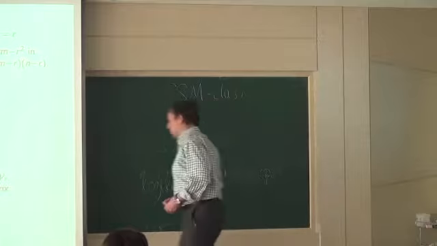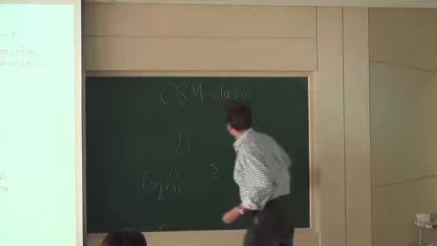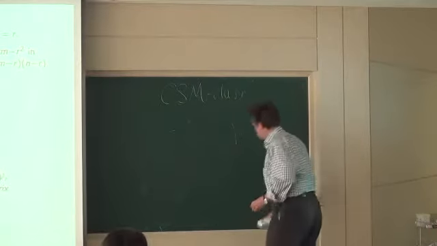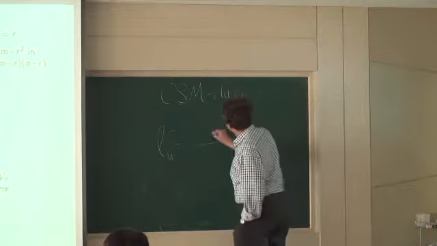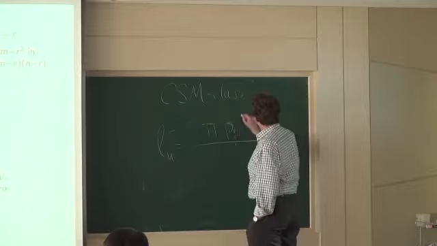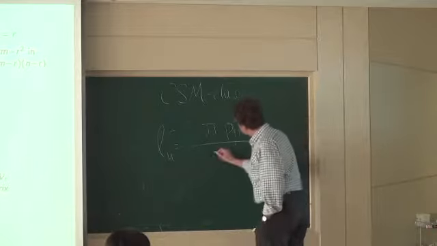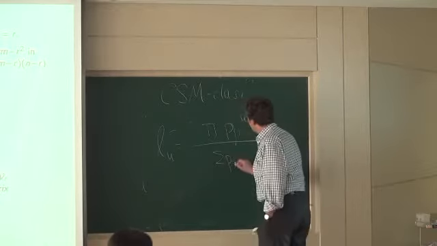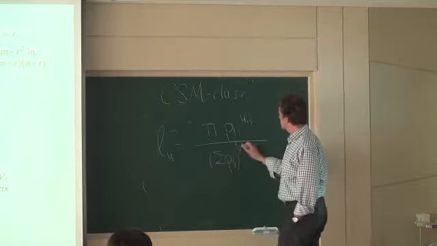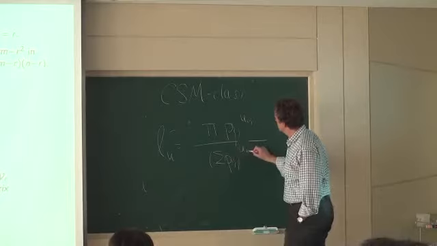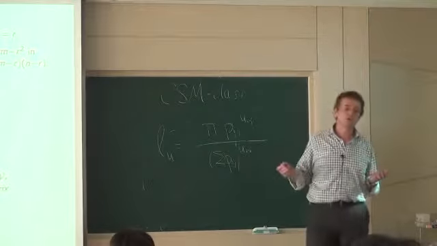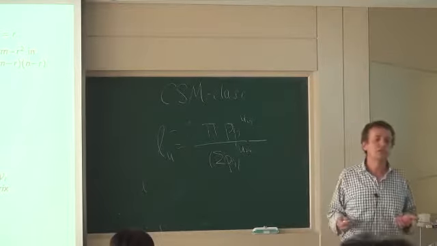Oh, let me do this again, I'm sorry. L_U, again, is the product of P_ij to the U_ij, but down here you put the sum of P_ij to the sum of U_ij, the sample size. So this is now a rational function, homogeneous of degree 0, right?